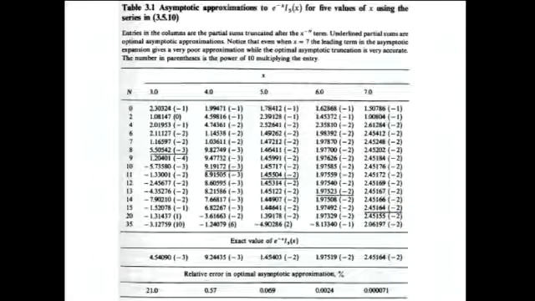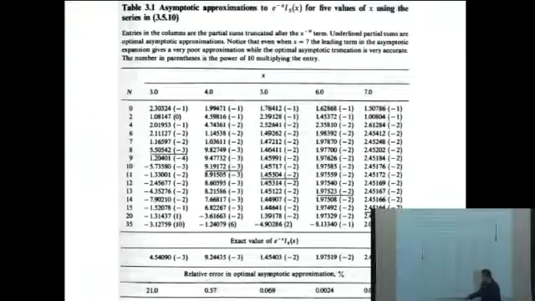Now look how fast the asymptotic series is getting better as you approach infinity. At x equals 3, the error is 21%. Well, it's not so great. That's how well the optimal asymptotic approximation does. When x equals 4, the error is 0.5%.